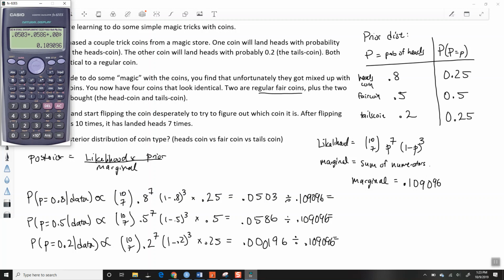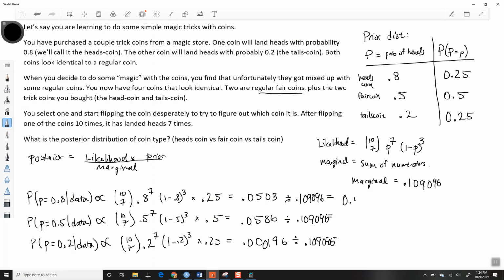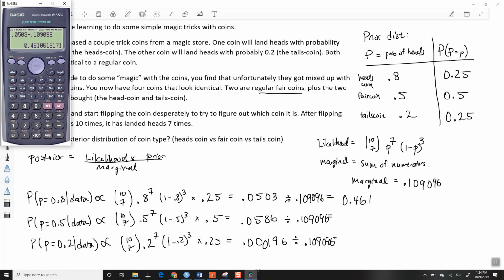Okay, let's try this again. 0.0503 divided by 0.109096. We get 0.461. Okay, that's close enough. Then 0.0586 divided by 0.109096, and we get 0.537.